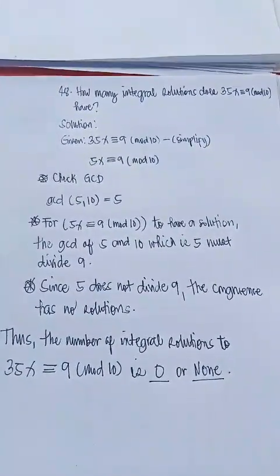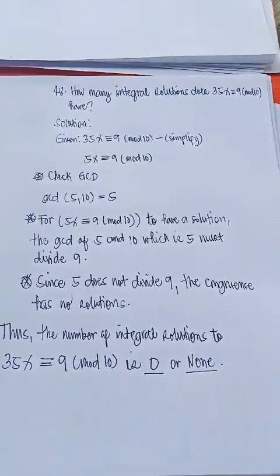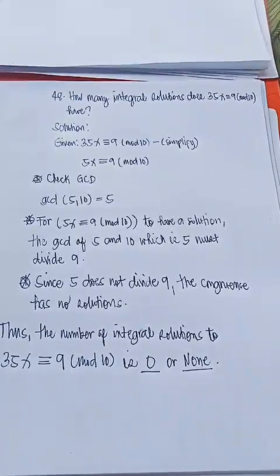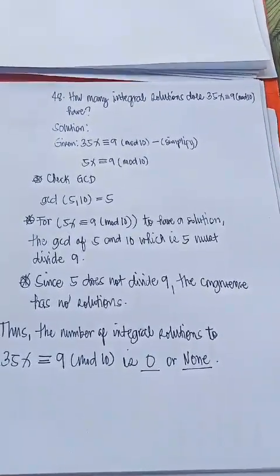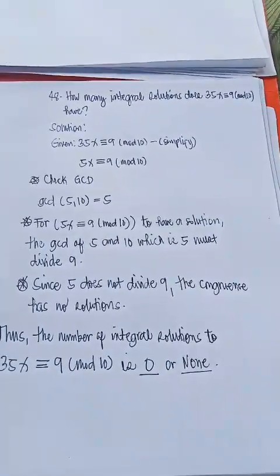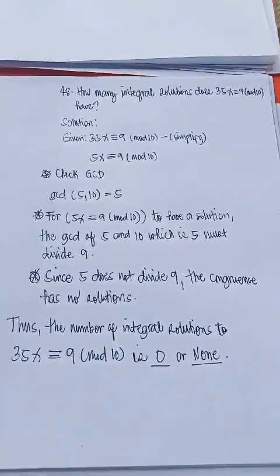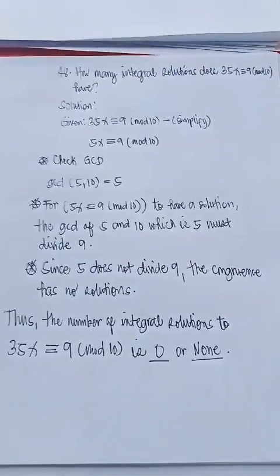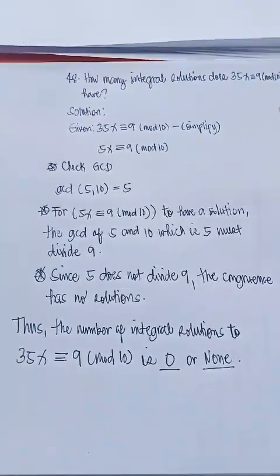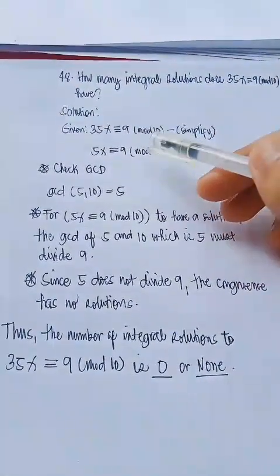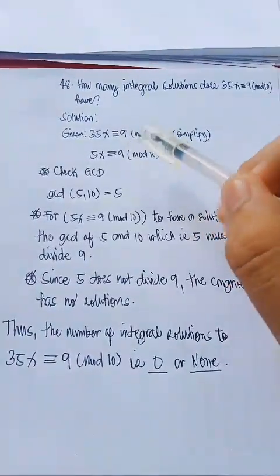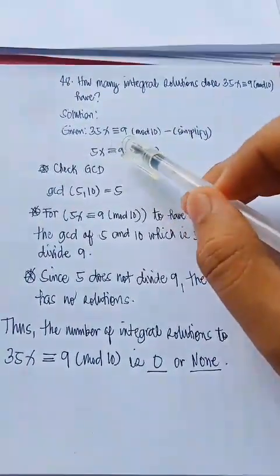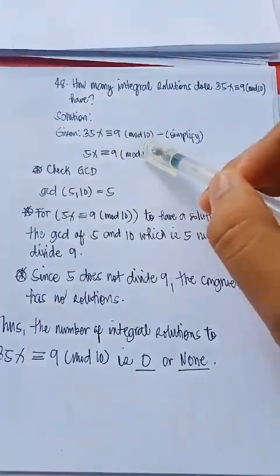Problem number 48. How many integral solutions does 35x congruent to 9 mod 10 have? Our solution goes like this. First, we write the given: 35x is congruent to 9 mod 10.